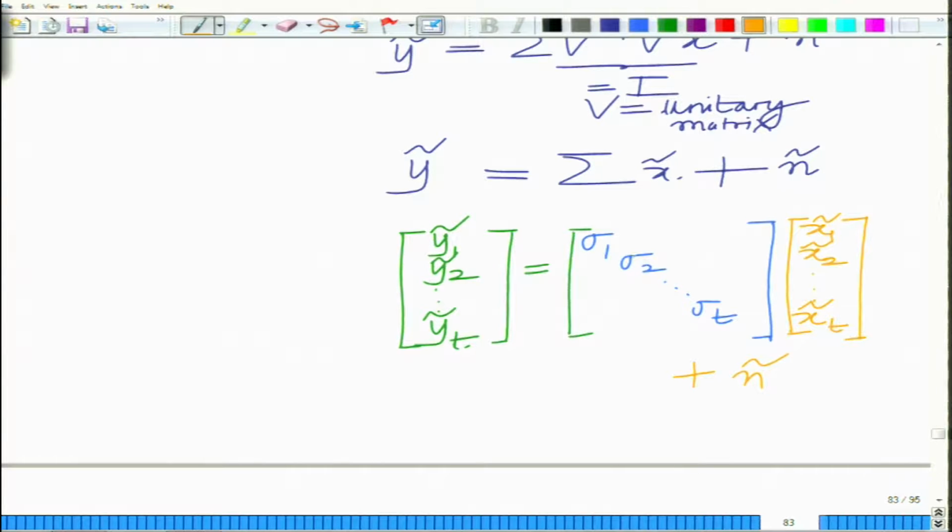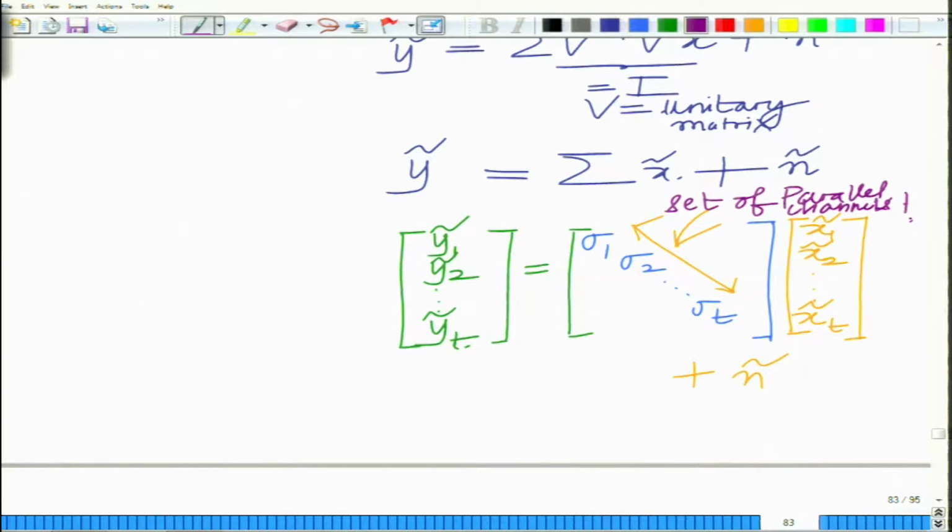Now, if you look closely, we have a set of parallel channels. You have y1 tilde equals sigma 1 times x1 tilde, y2 tilde equals sigma 2 times x2 tilde, and so on. So, this diagonal matrix is nothing but our set of parallel channels.